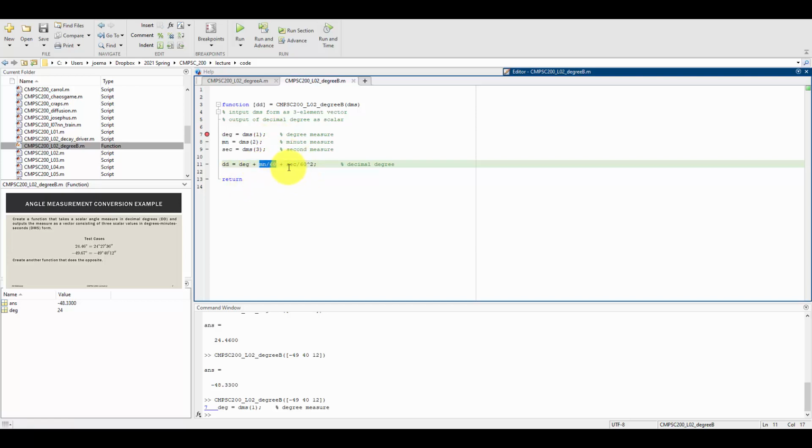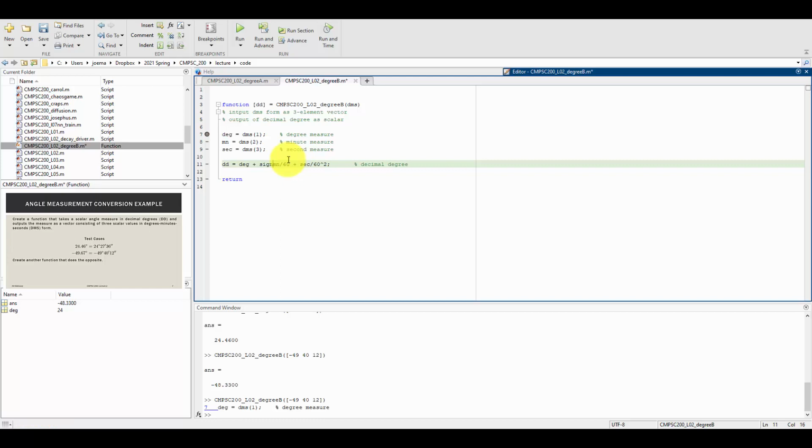It's always positive. And this should be negative as well, but it's always positive because mn and SEC are always going to be positive, at least in the form that I'm expecting. So to correct that, in the case when I have a negative angle, mn and SEC should in this calculation be negative.